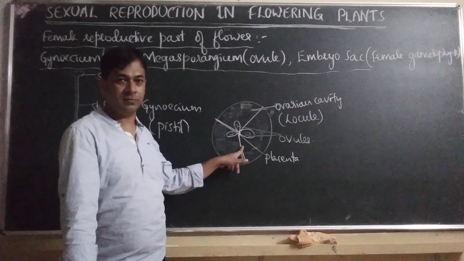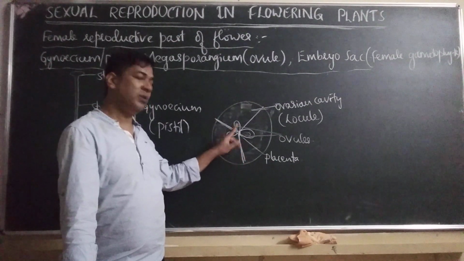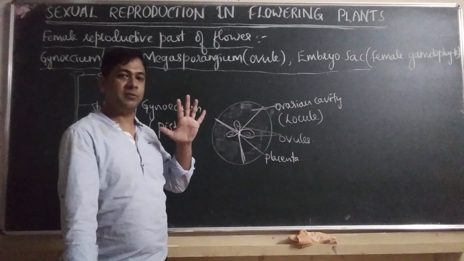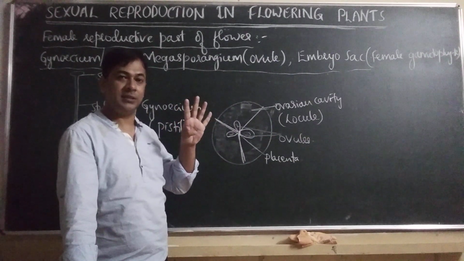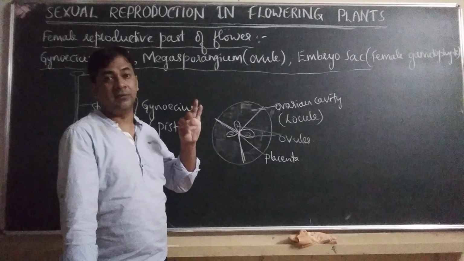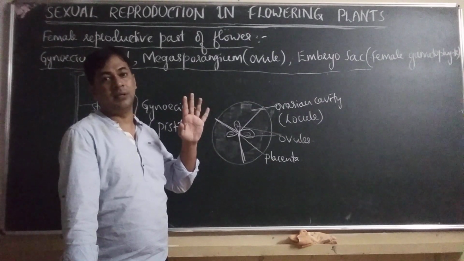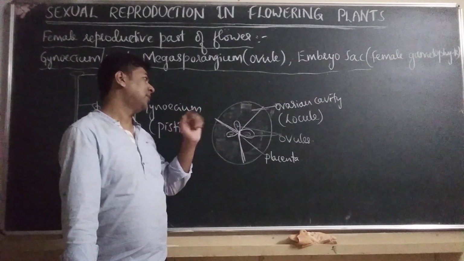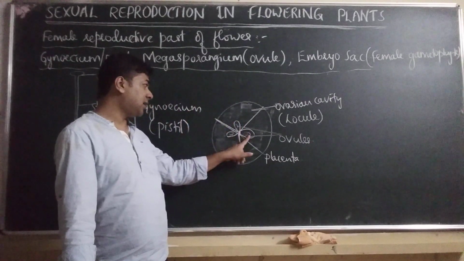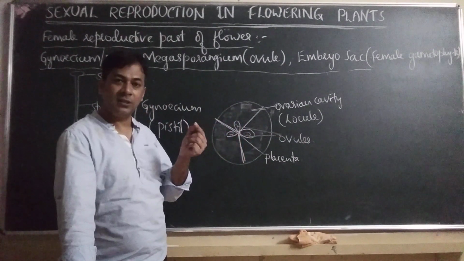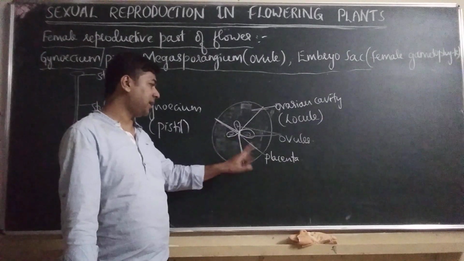You have learned five types: axial, parietal, free central, basal and so on. So ovules are attached to the ovary wall with the help of the placenta. That's why I am showing the placenta.